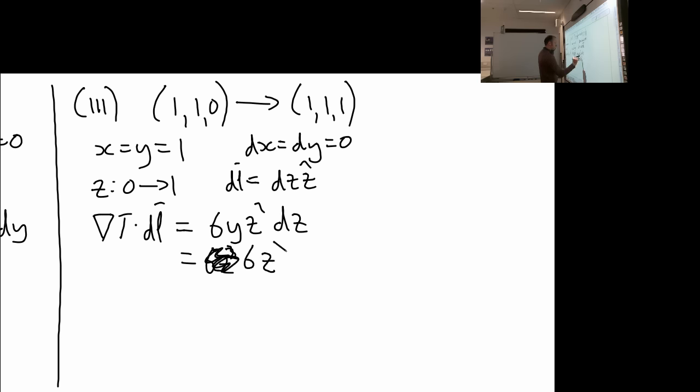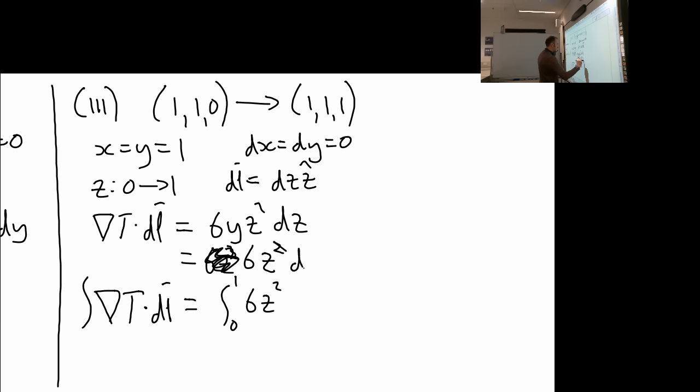And we take the integral of this, so we've got the integral of the gradient of T dot dl from 0 to 1 of 6 z squared dz.